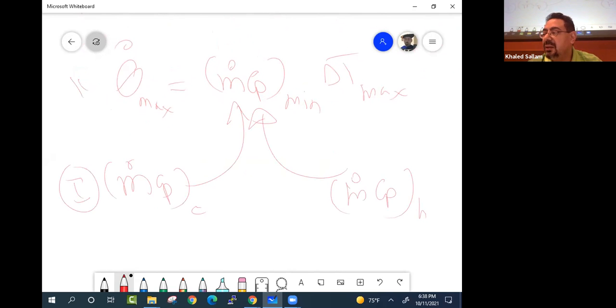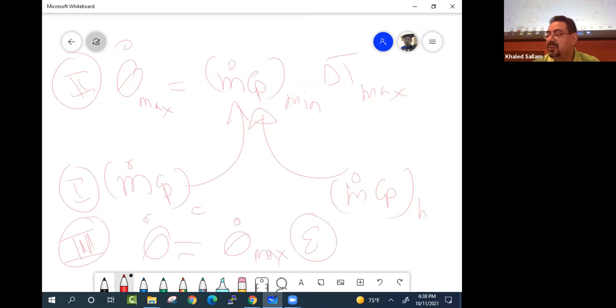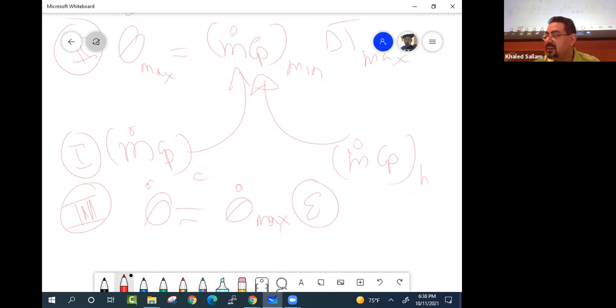Step two is to say Q dot max will be the minimum of those multiplied by delta T max. Step three is then Q dot actual is the Q dot max that I just calculated multiplied by epsilon. And epsilon will come from all those chart equations. That's the procedure, basically.